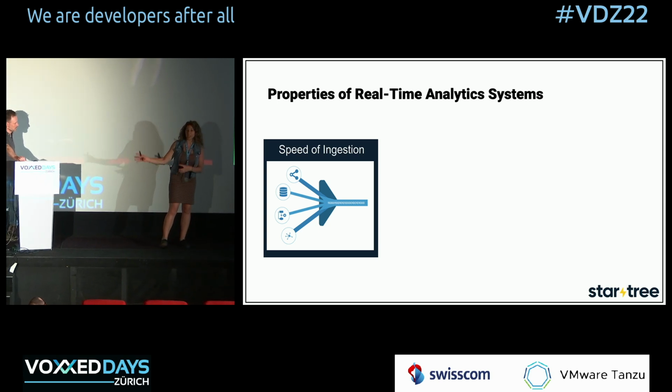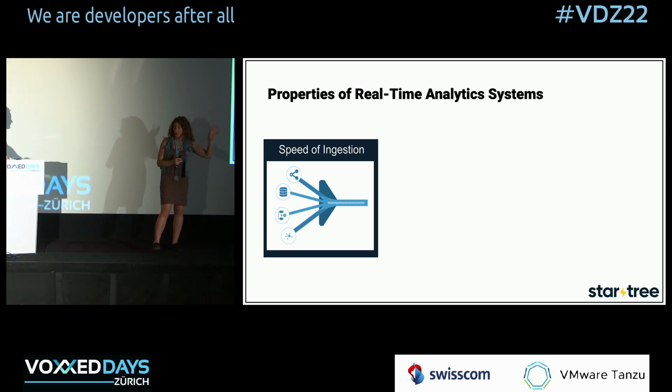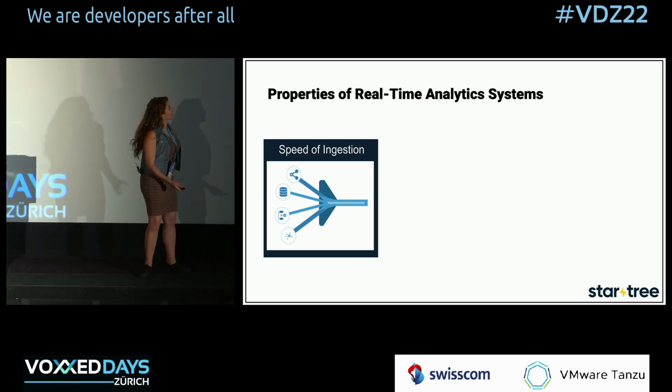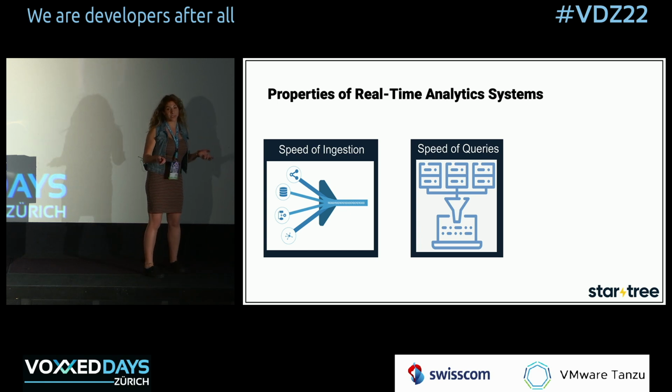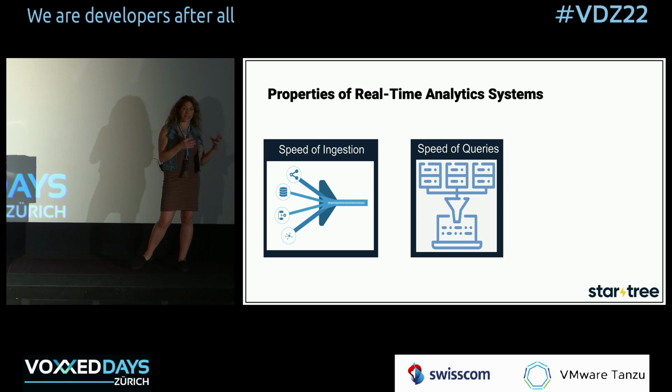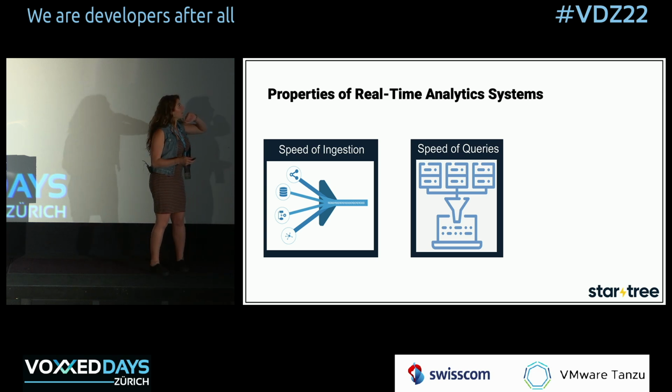Events happen, and the data needs to be in your system and ready to be used in milliseconds, like instantaneously. The next one is speed of queries. Part of this process is not just bringing fresh data in, but also making it queryable and accessible.